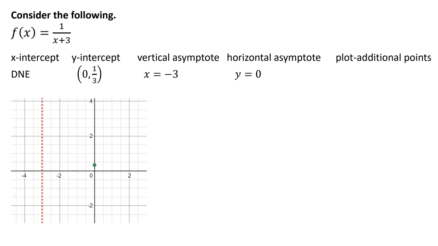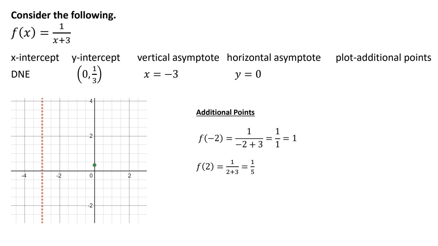When I put all this information here, to get a better sense of our graph, what we can do is always plot additional points. And what I like to do is I always like to put values that are left and right of my asymptotes. So in this one, I'm going to pick -2, which is to the right of my asymptote, to see what the behavior of my graph is.